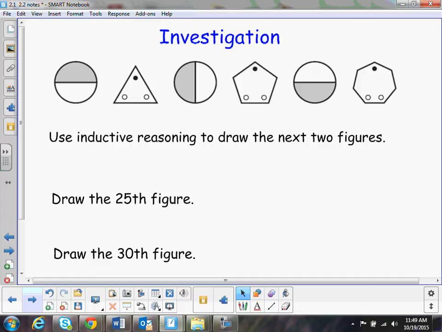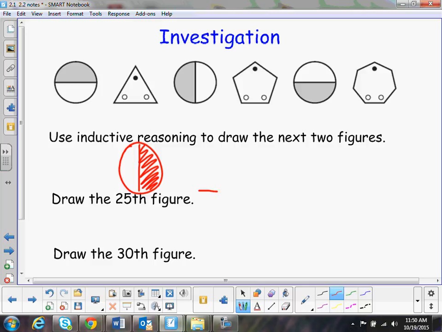What is the next figure going to be? All right, good, so the circle, and then the right side is shaded. So they went top, left, bottom, so we're going to go to the right. And then the next one?